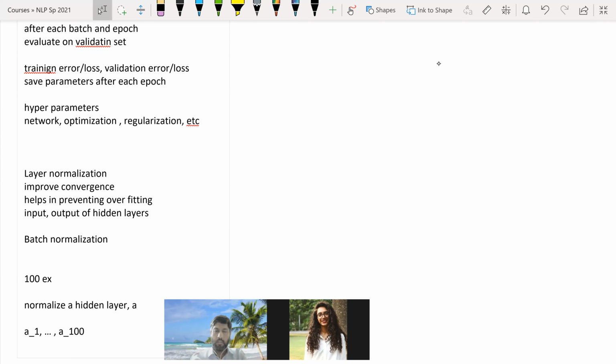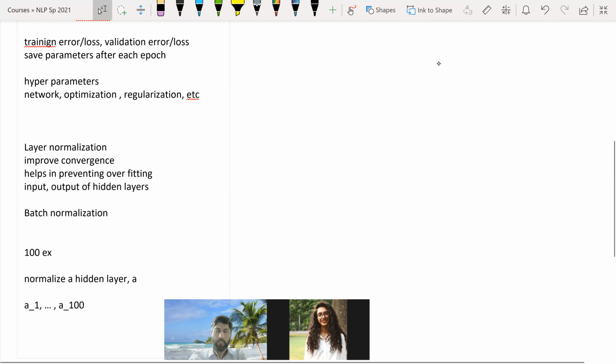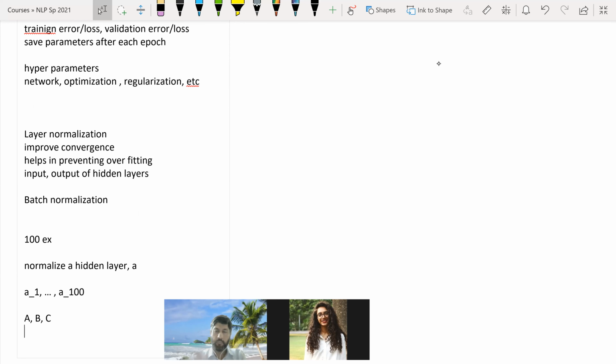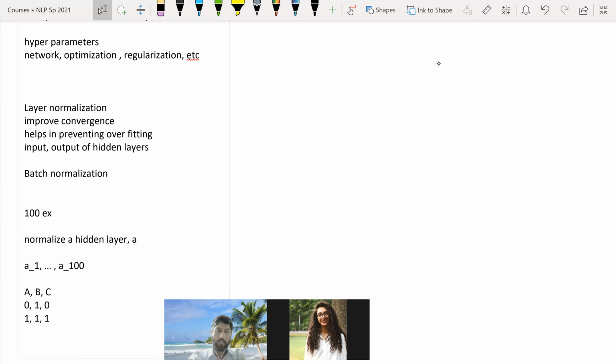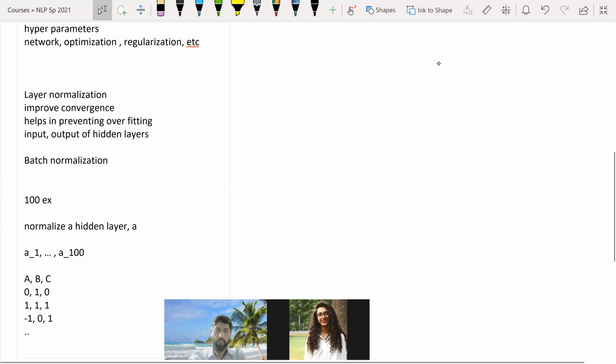Okay? So you can think of this as, let's say A, I say there are only 3 outputs. So let's say A, B, and C, and then you will have 100 such values in this column for each of those columns. So let's say I have 0, 1, 0, then I have 1, 1, 1, and let's say I have -1, 0, and 1, and so on.